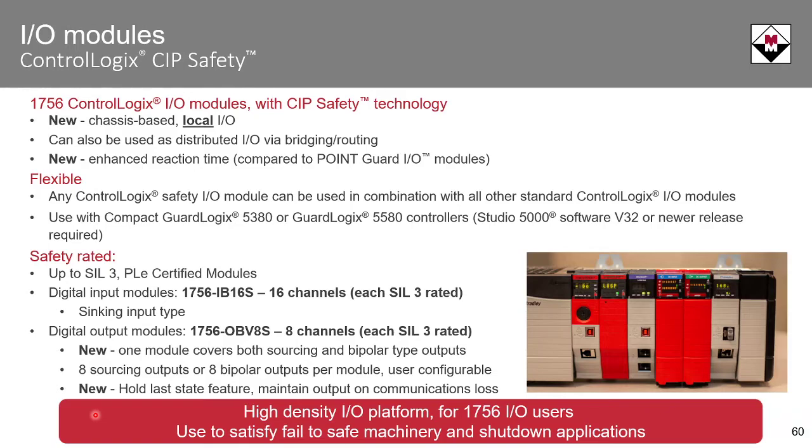We can now have safety I/O modules right in the local rack. Prior to this, if you had a GuardLogix 5570 or L7 controller, you were limited to the Point I/O safety modules or the GuardArmor blocks, just like I alluded to on that prior slide. So you had to do this via a remote connection.